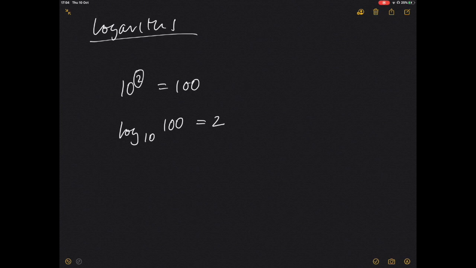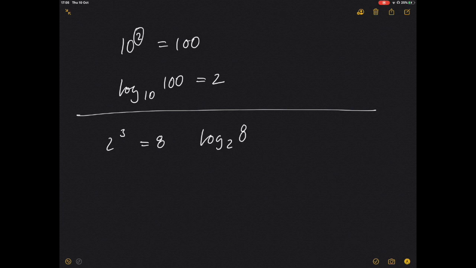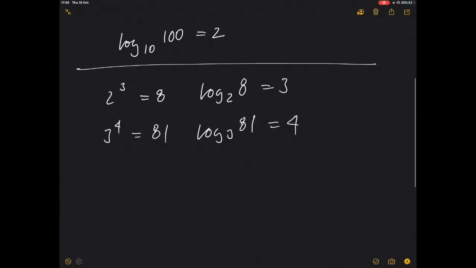In the same way, we could say that base 2 to the power of 3 equals 8 is the same as saying log base 2 of 8 equals 3. Or 3 to the 4 equals 81. This is getting easy now. We could say log base 3 of 81 equals 4. So we're just rearranging what we've got.